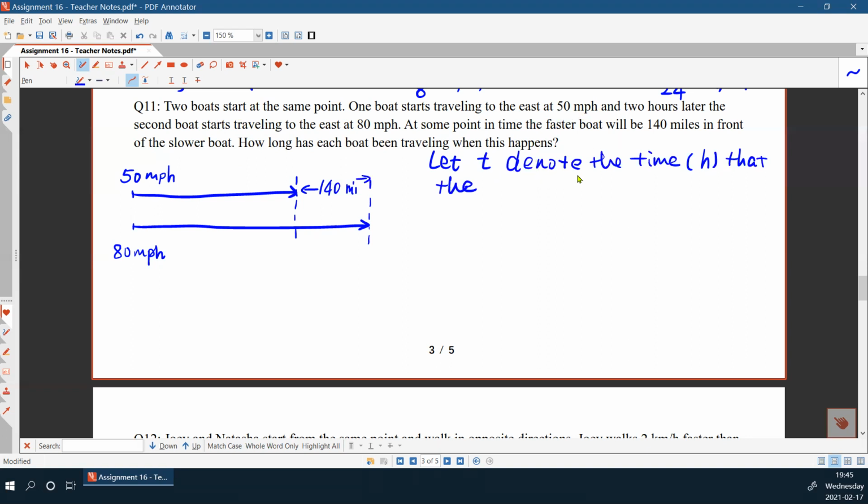So we can use t to denote the time that the slower boat traveled. Suppose this boat traveled t hours. And 2 hours later, the second boat starts traveling. That means the second boat traveled for t minus 2 hours, right?